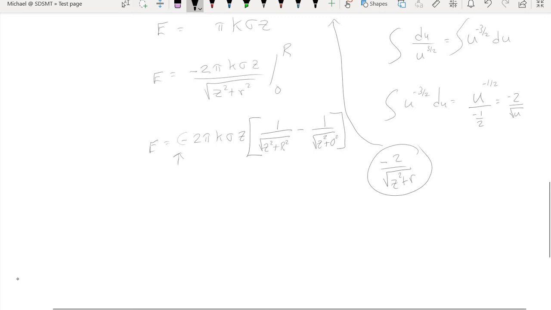So what I'm going to do is take that and distribute it through the brackets. And all that's going to do is flip the order of the terms that I have in the brackets. And so we now have 1 over, I have root z squared, which is just going to be 1 over z, minus 1 over root z squared plus big R squared.